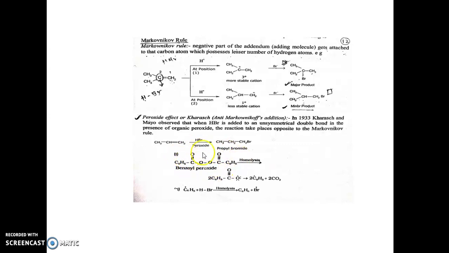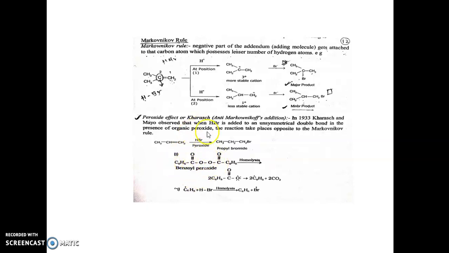The formula of benzoyl peroxide is C6H5 C double bond O, O, O, C double bond O, C6H5. Here you can see the oxygen-oxygen single bond linkage. Whenever you find a compound which contains an oxygen-oxygen single bond, it is termed a peroxide compound. So this is benzoyl peroxide, a peroxide compound.